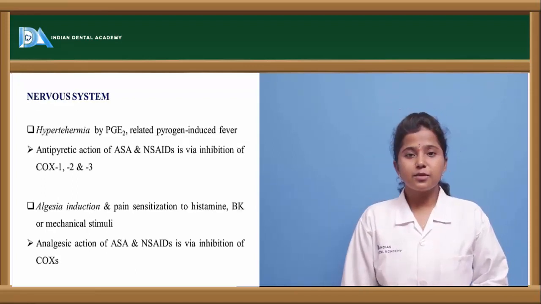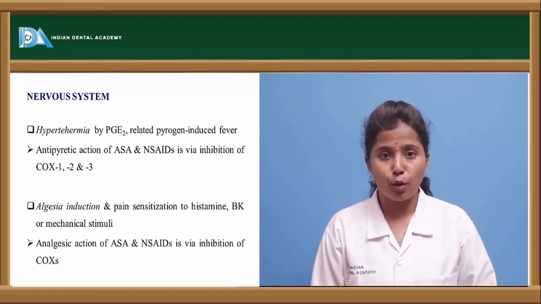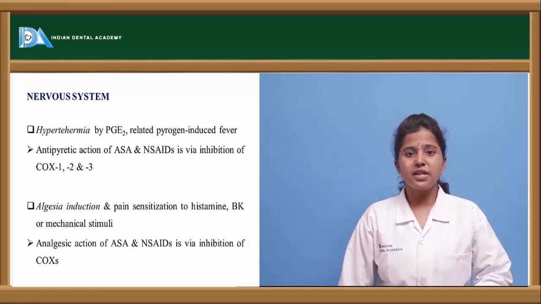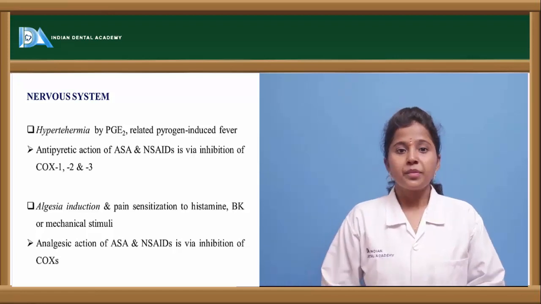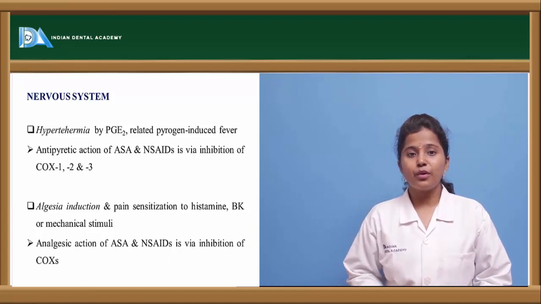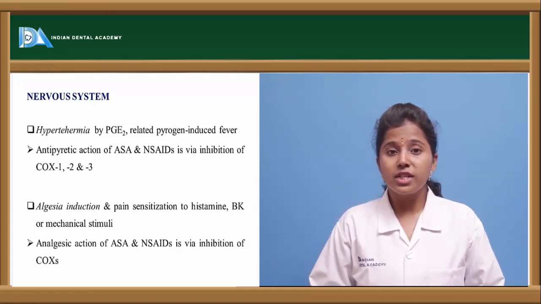The prostaglandins which are synthesized by the COX-2 enzyme also act on the central nervous system. In the central nervous system, there is a region called the hypothalamus where fever and pain are regulated. In the case of fever and pain, pyrogens enter into the body.